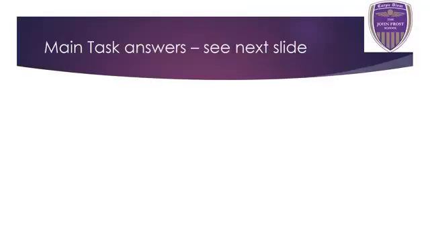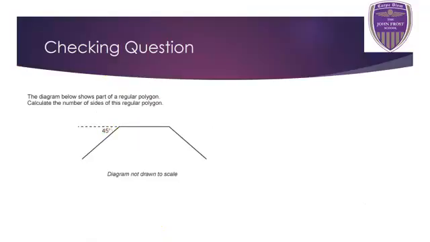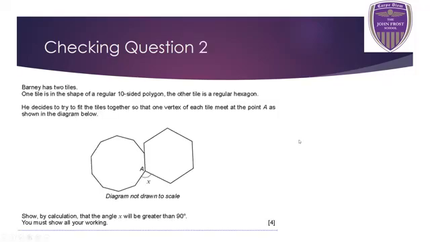So here are the missing answers that you should have got for those questions. Just have a look at those and mark them, and then put the heading checking question. Okay, I'll actually skip this one. I'd rather we have a look at this one instead. So I would copy this one down, have a go, and press play when you're ready for the answer.